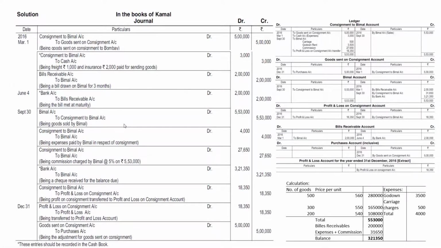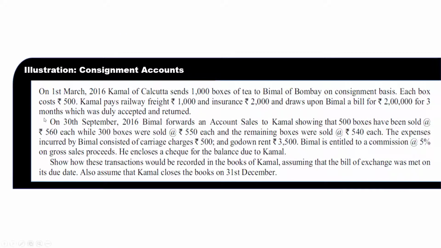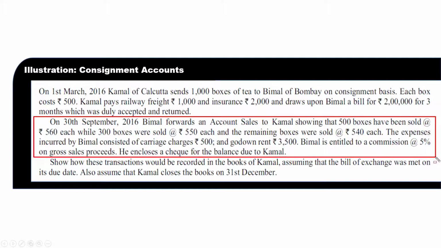So let's go to our question again. On 30 September 2016, Bimal forwards an account sales to Kamal showing that 500 boxes have been sold at 560 each, while 300 boxes were sold at 550 each and the remaining boxes were sold at 540 each.